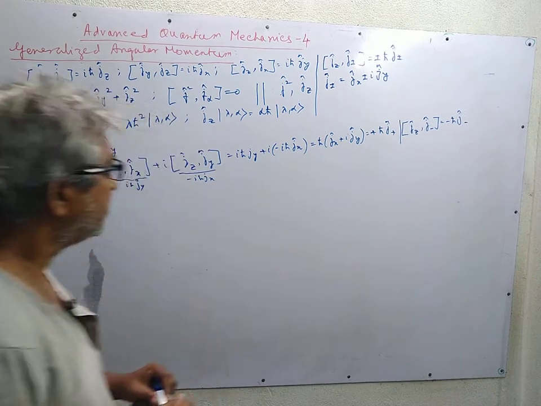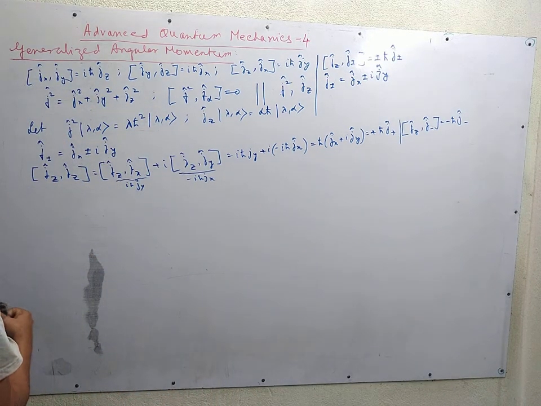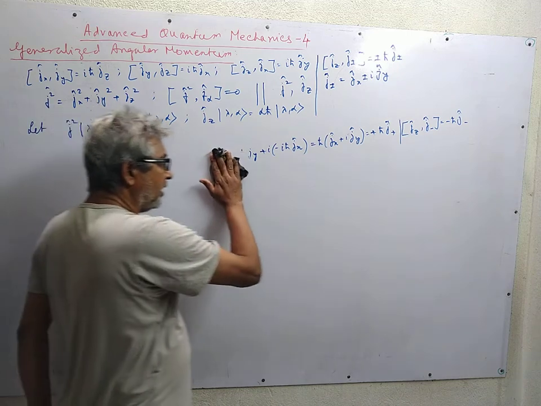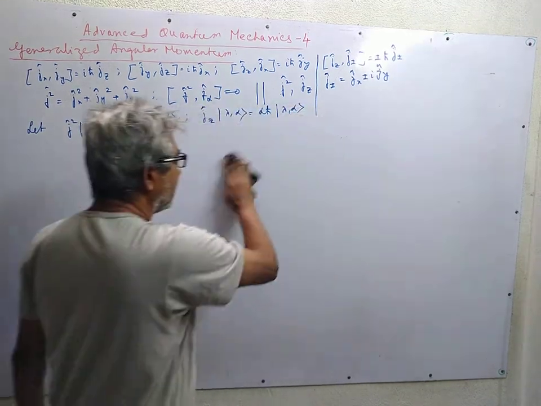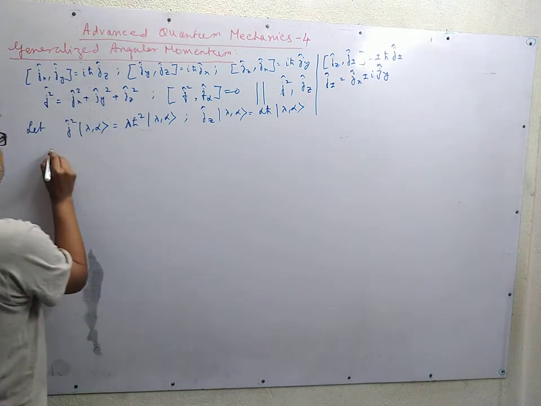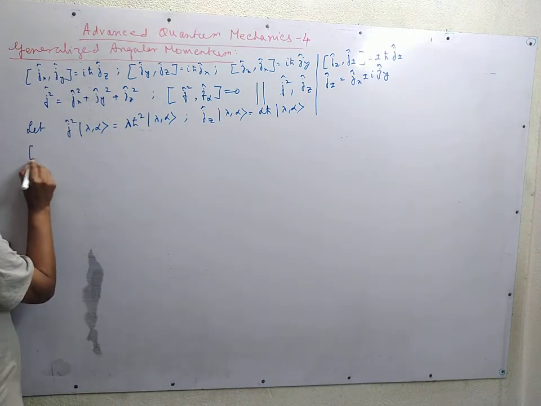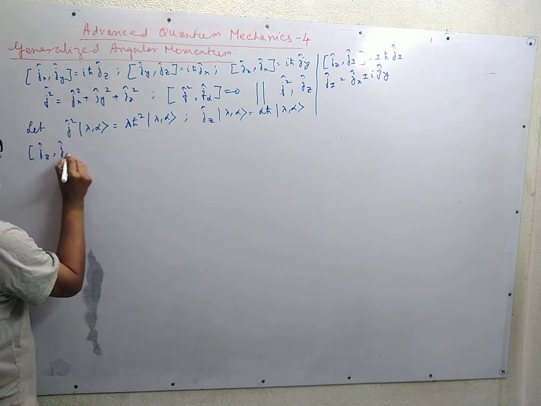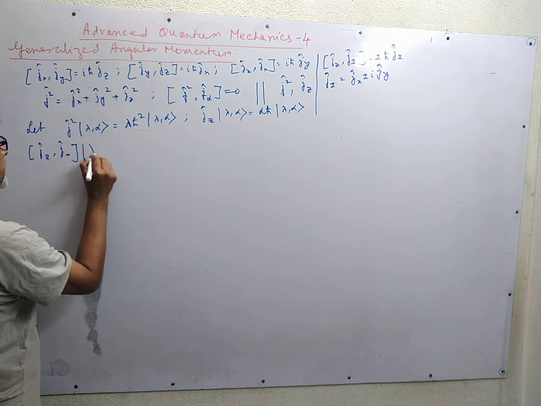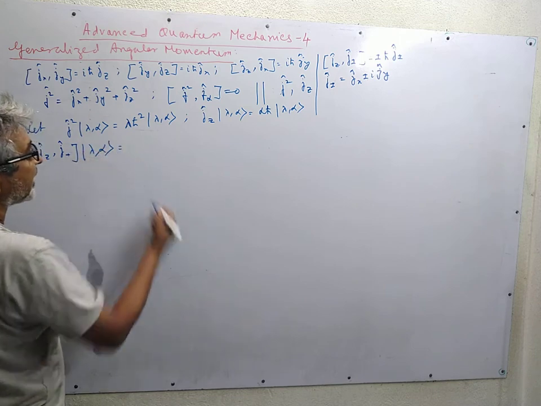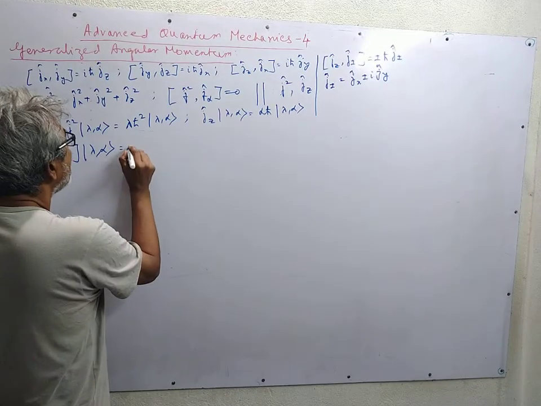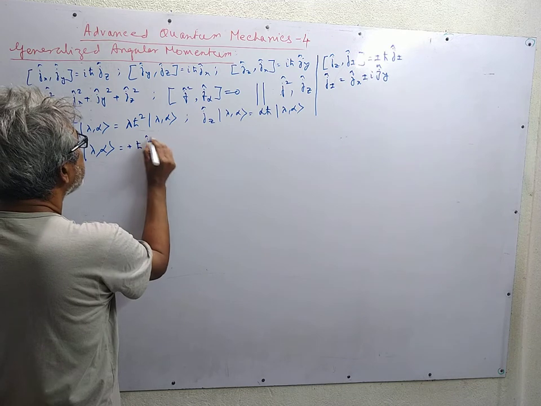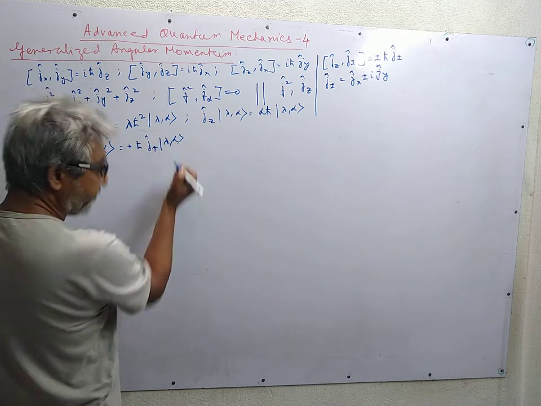Now we want to show what is the action of J± when it operates on the ket |λ α⟩. So we start with [Jz, J+] operating on |λ α⟩, and on the right hand side we have plus ħ J+|λ α⟩.